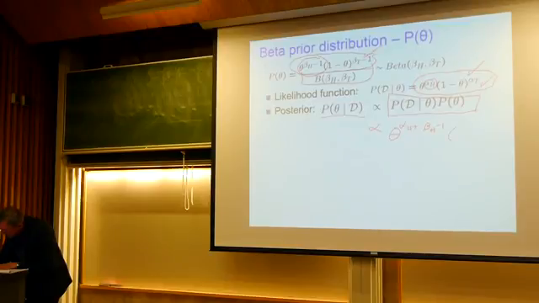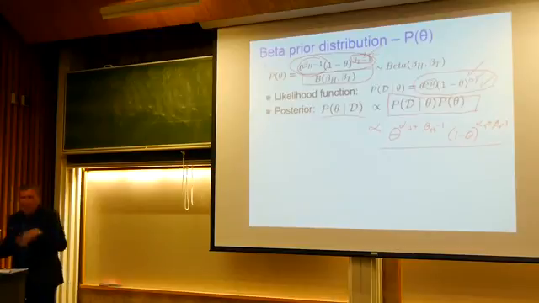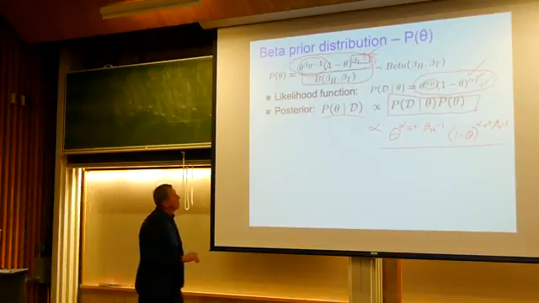And then there's another term, which is 1 minus theta to the alpha tails plus beta tails minus 1. Over another normalization constant that makes sure it sums to 1.